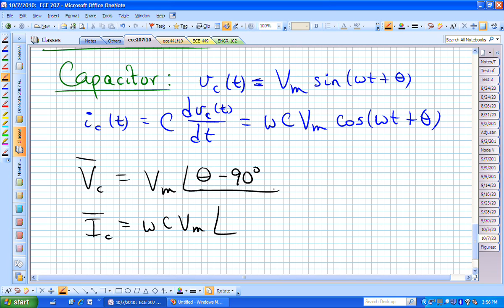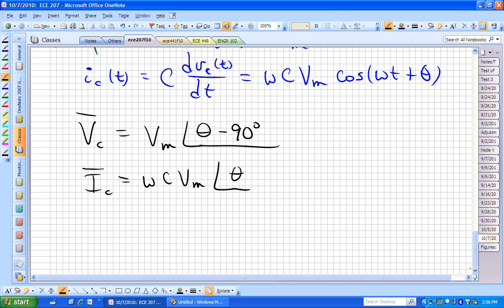I sub C, phasor form, has an angle of theta. Are we still okay relative to errors or no errors? Good. I like to see thumbs.